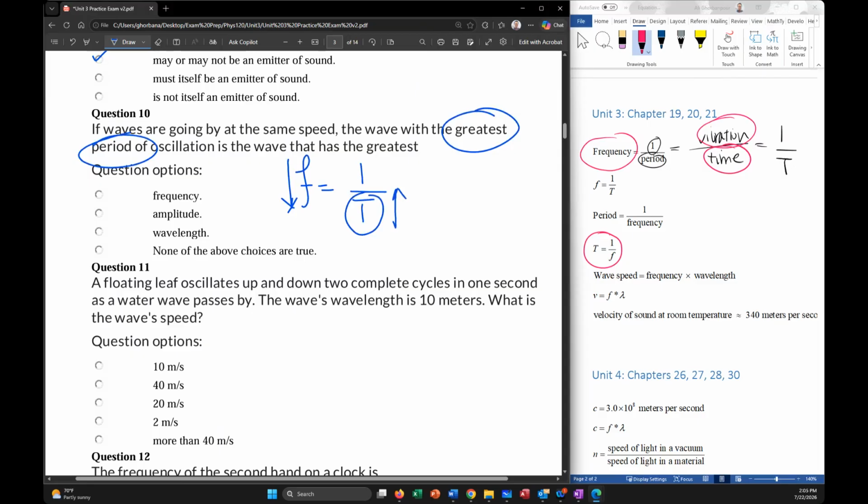T is high, the period is high, frequency is low. And frequency and the wavelengths are inversely related to each other. So if the frequency is low, the wavelength is going to be high. So the right answer for this one will be the wavelengths. Again, the highest period time will have a smaller frequency, and the smaller frequency can have a greatest wavelength.